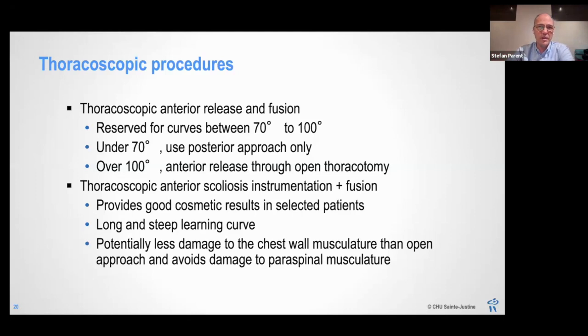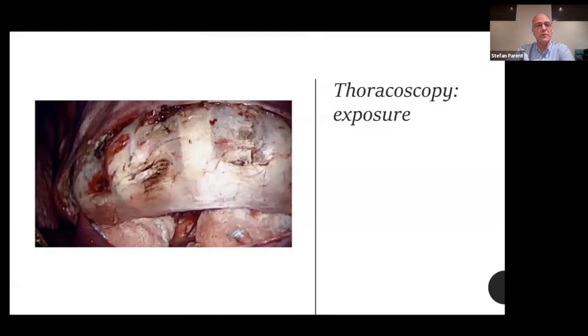It gives you very good access to the anterior part of the spine. You can actually shorten the front of the spine, and you can get a very good kyphosis generation when you're adding this to your regular posterior spinal fusion. You get a very good exposure, trying to protect the vessels here on the bottom of the spine, but you get a very good visualization of the vertebral bodies and the discs.